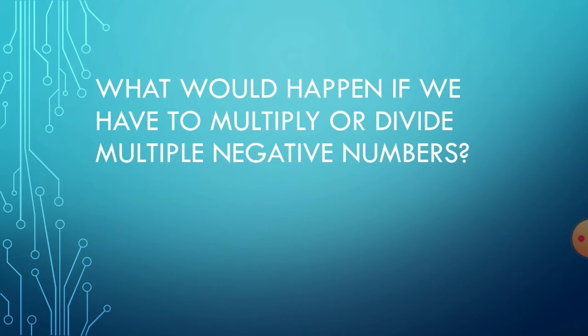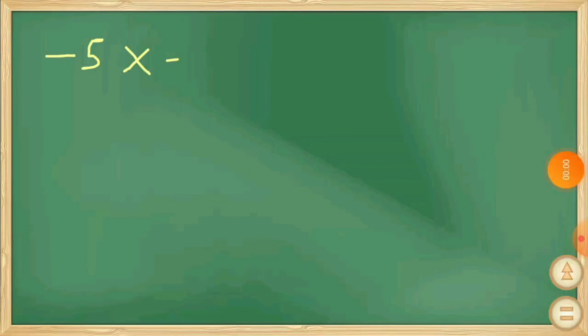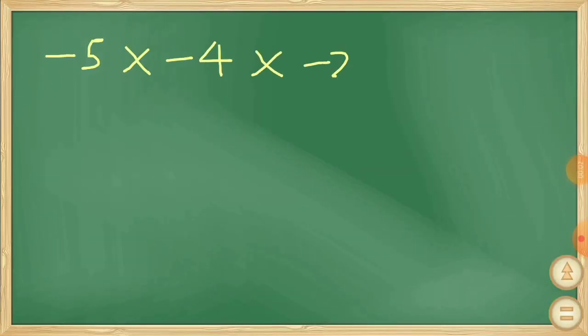Now what would happen if we have to multiply or divide multiple negative numbers? In that case also there is nothing to worry about. We just follow step by step, taking two numbers at a time.